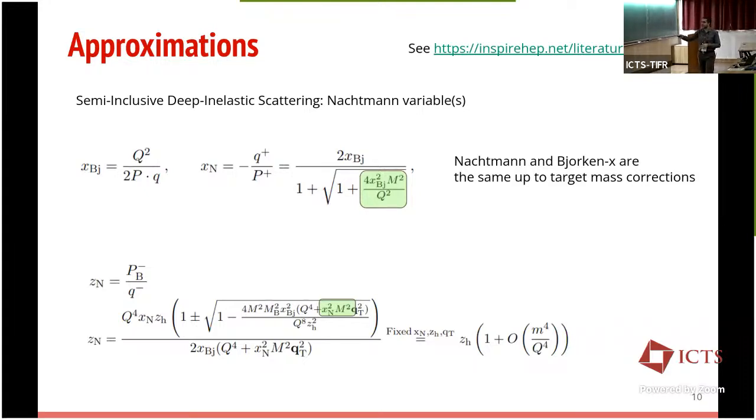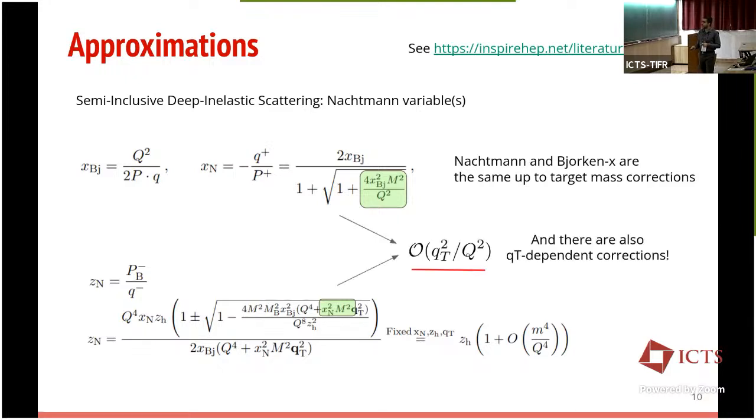This is a correction which is a function of the mass of the produced hadron. But on top of these, there are also inside of this formula corrections that depend on the ratio of qT squared over Q squared. So they are hidden everywhere, this kind of kinematic corrections, and you have to be very careful in implementing the kinematics in your analysis.